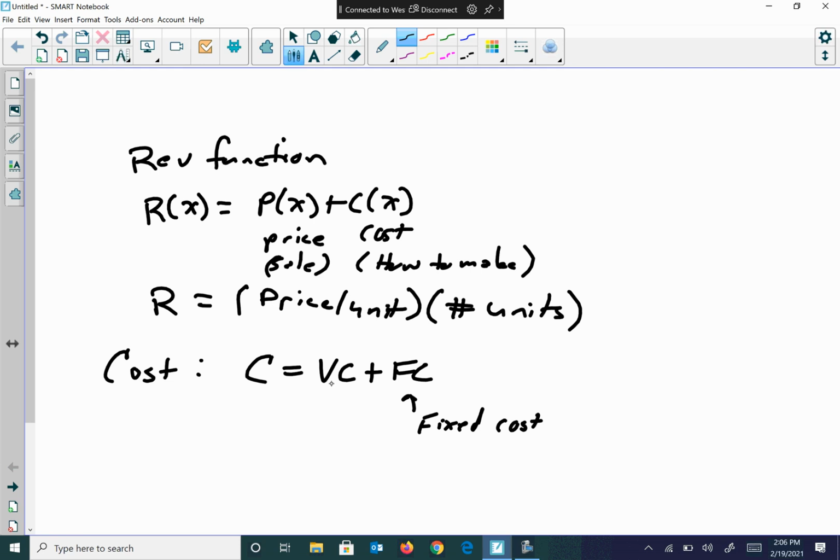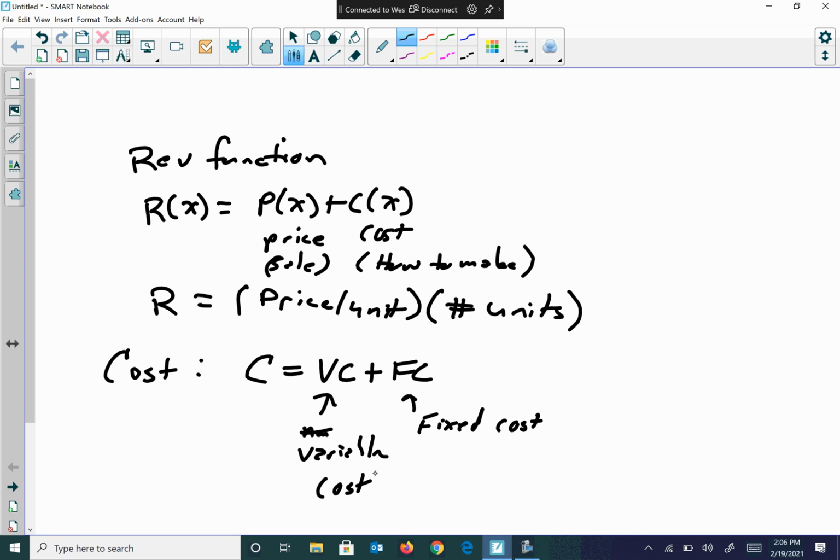And then VC is what? I forgot. A variable cost. So that's the number of units produced. Variable cost. Okay. Good so far?